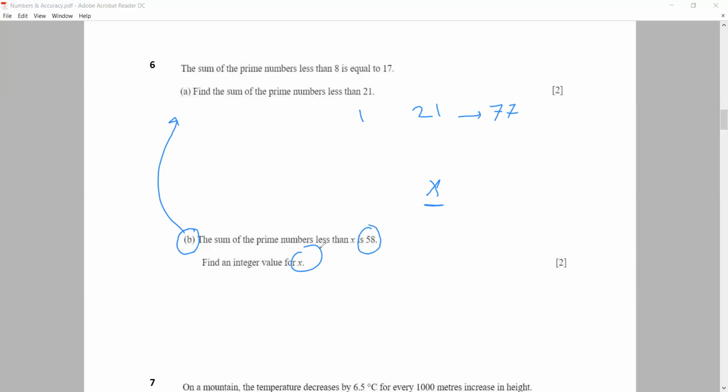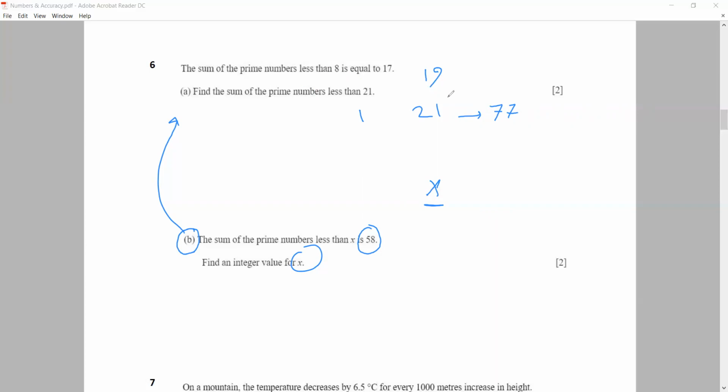So if they want 58, I'm going to subtract the last prime number that I added, which was 19, right? If you do that, does that give us 58? Well, yes.